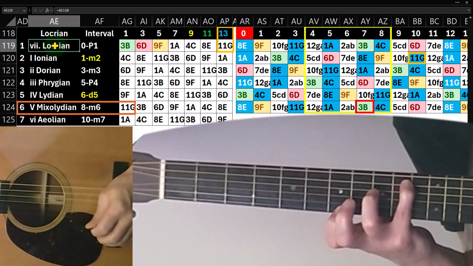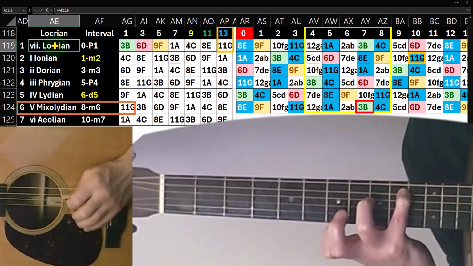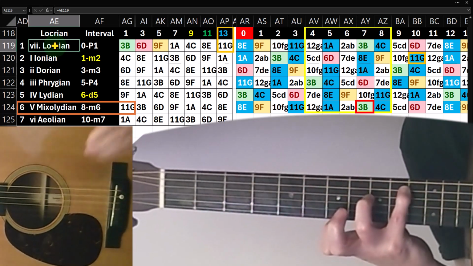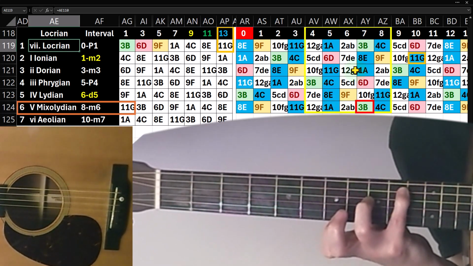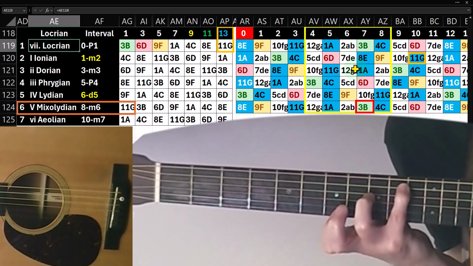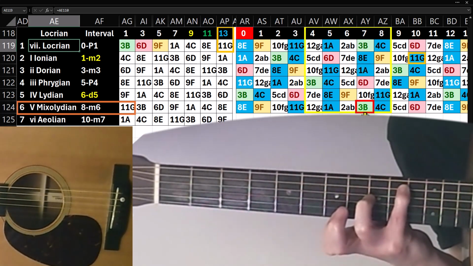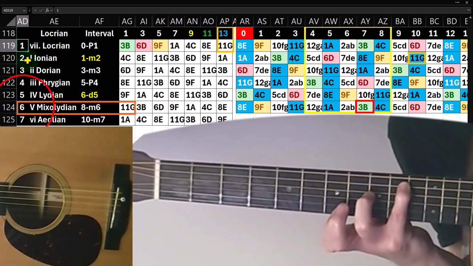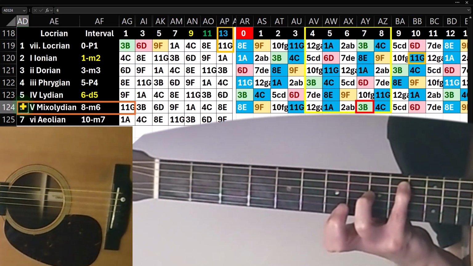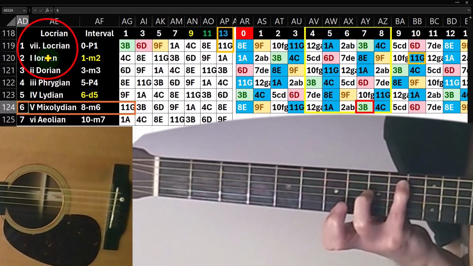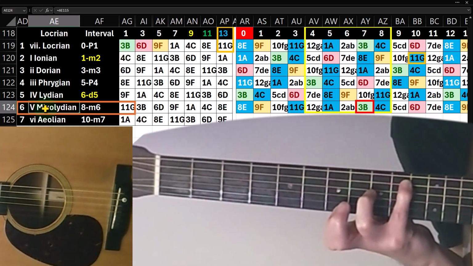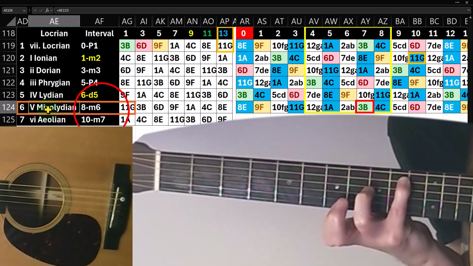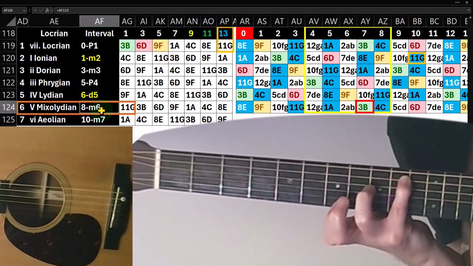But if I go from the perspective of the B to the G, remember I'm always going up, counting from B, up to G, even though I'm going to a lower note up here when I'm thinking of the intervals, right? So I'm going from the perspective there then of relative position 1 to relative position 6 of the Locrian, or absolute mode number 7, Locrian to absolute mode number 6, which has a distance of an 8 note away minor 6.